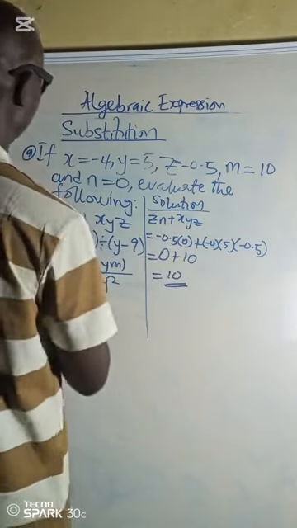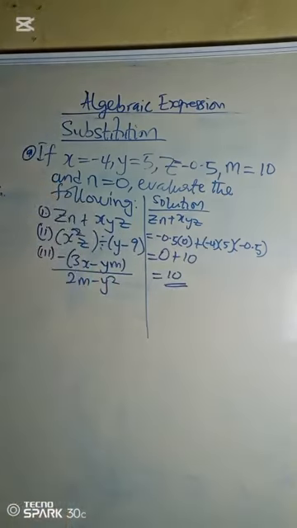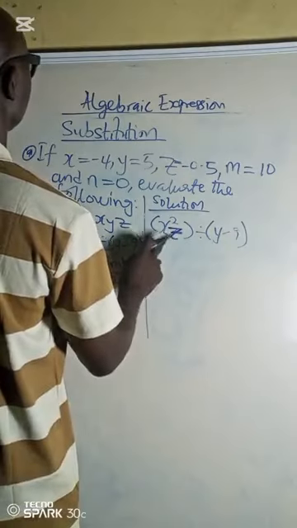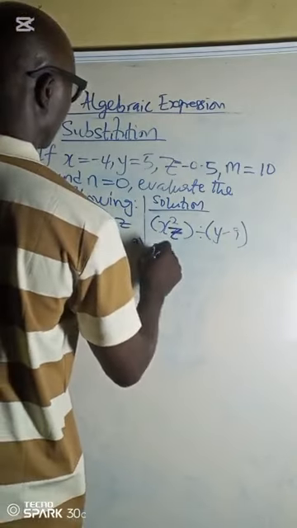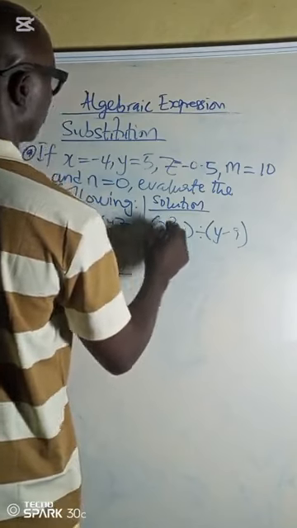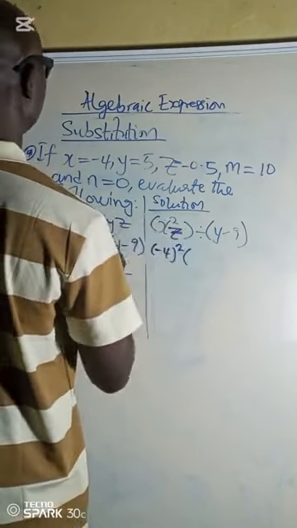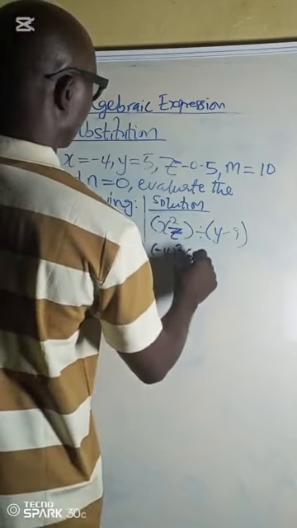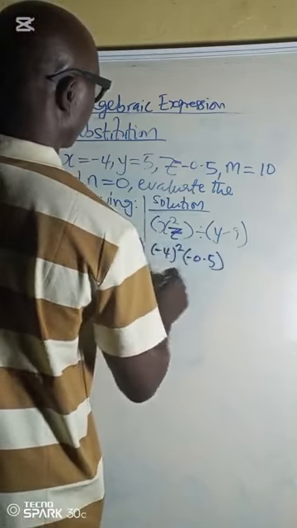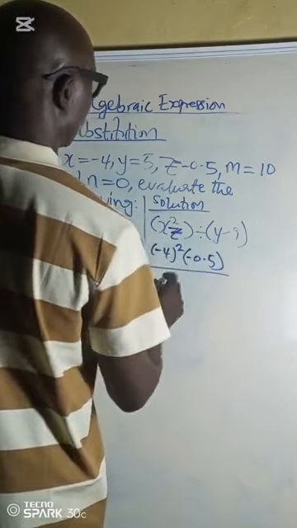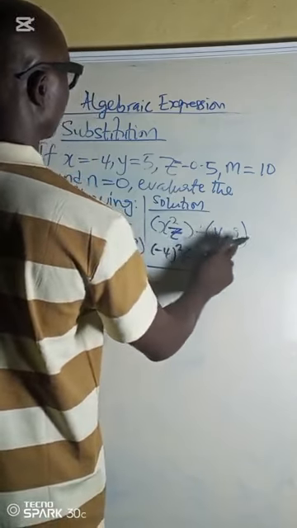Let's go for Roman figure 2. Our x is minus 4 raised to power 2. Z is minus 0.5 divided by y minus 9.